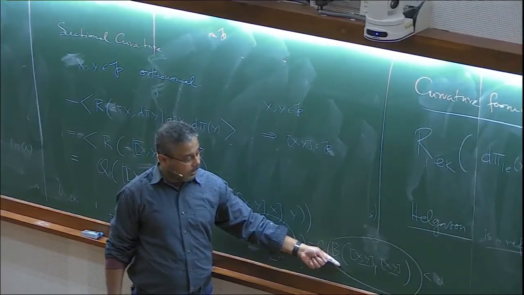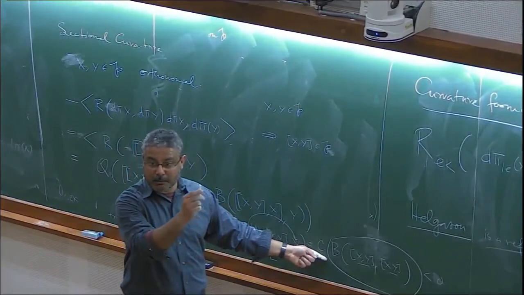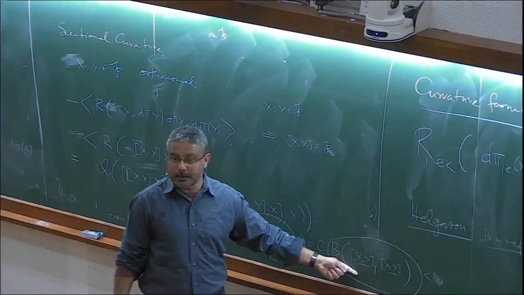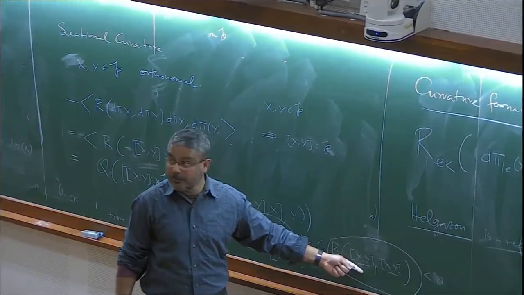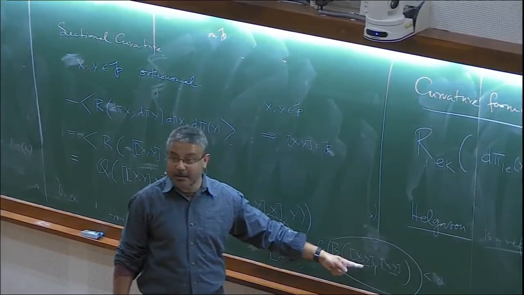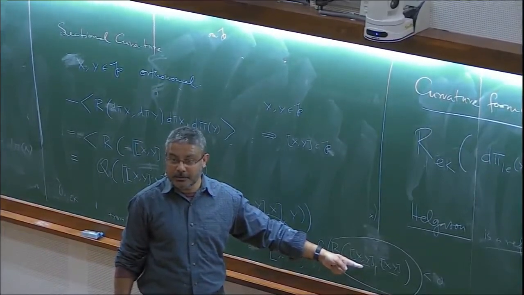Similarly, C is positive when I have a non-compact symmetric space. In that case, this is negative. And since this is a negative definite form, curvature is 0 if and only if the bracket [X,Y] is 0. So that means X and Y commute.